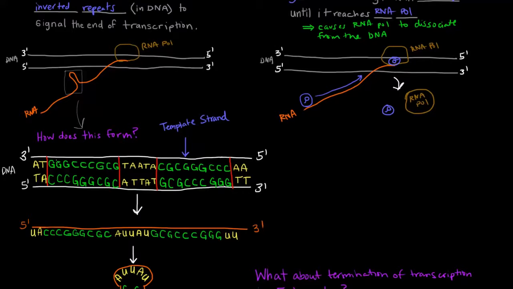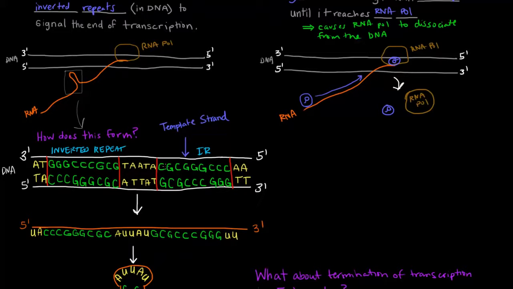So these green portions are the portions in which we have these things called inverted repeats. So this is an inverted repeat here, and over here, this is also an inverted repeat. I'll just put IR here.